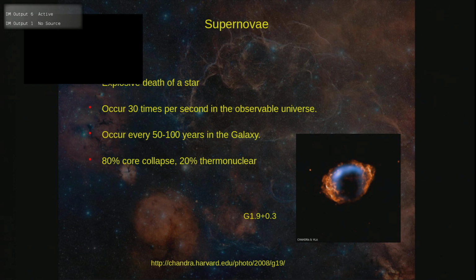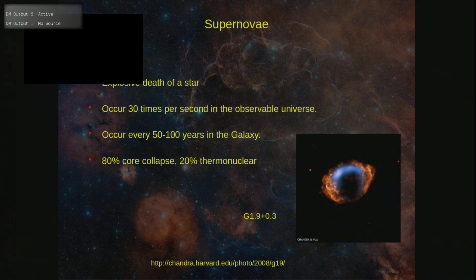Okay, so a supernova is the explosive death of a star. They occur something like 30 times per second in the observable universe. And we think they occur about every 50 to 100 years in our galaxy. Now, we don't always see them. And this thing right here with the exciting name G1.9+0.3 is a supernova remnant for a supernova that we think went off about 110 years ago.